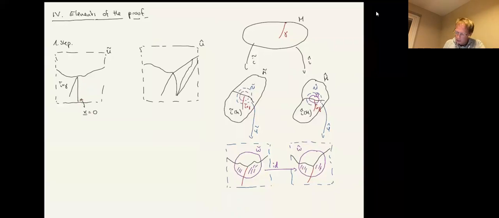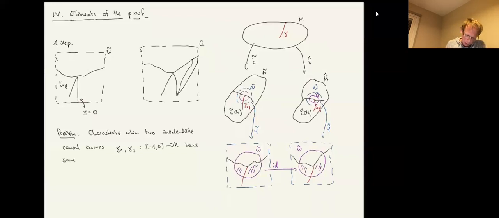So what I want to do is characterize when two inextendable causal curves gamma 1 and gamma 2 have the same limit point in the extension.